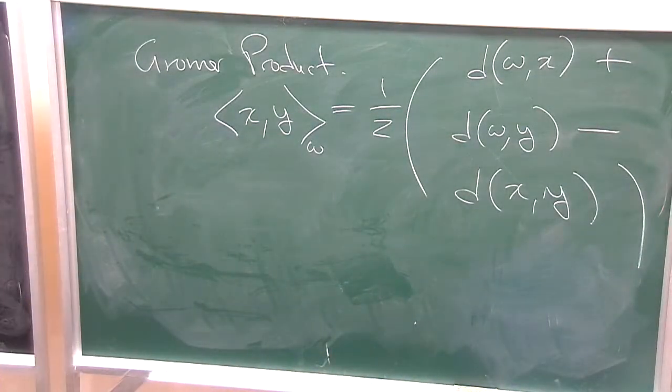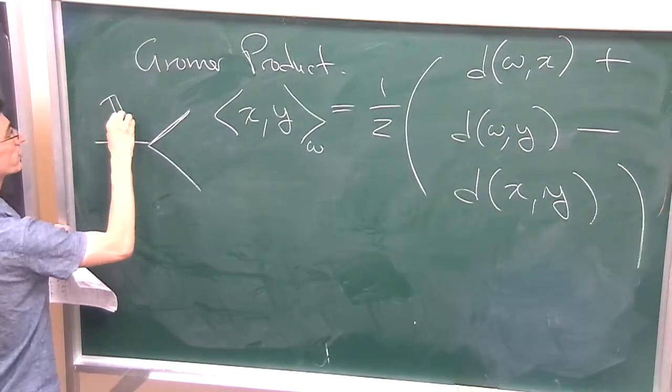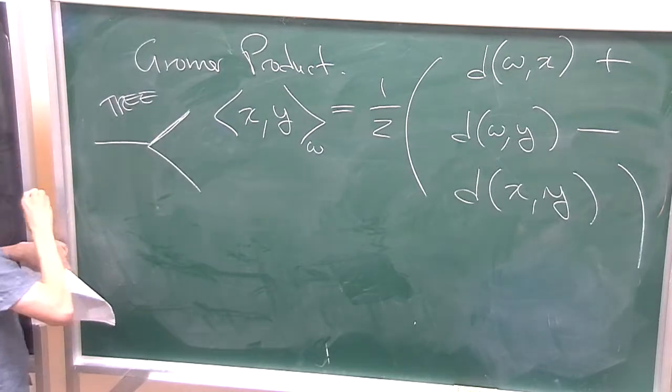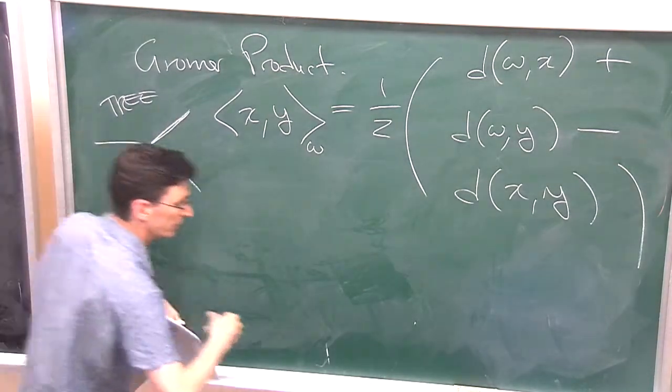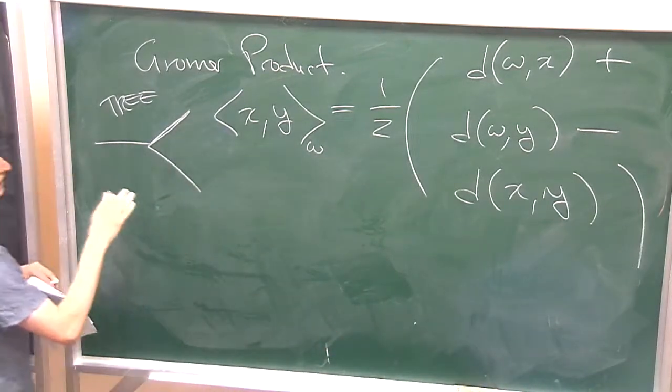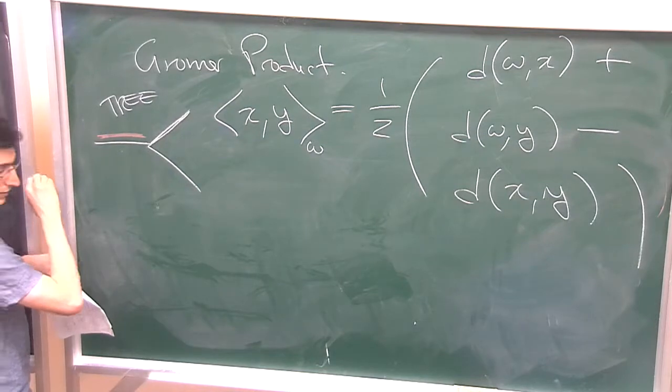So the picture is, in a tree, I'm going up here, I'm going down here, and I'm taking off some stuff. I'm double counting this part, so I get the actual distance.